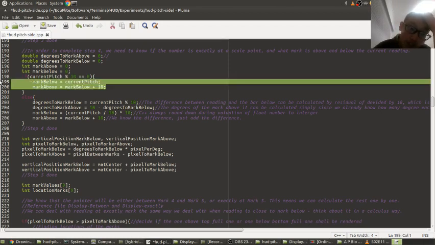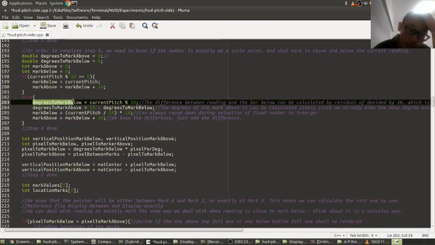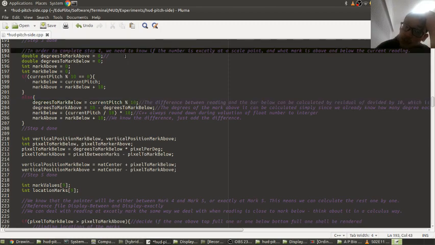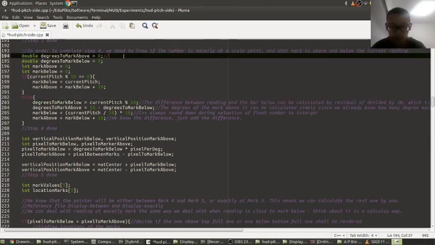So we can do this, and if it isn't, we can see that degrees to mark below is the current pitch, and then find the remainder when divided by 10. Now this thing is find remainder, right? And that kind of means that we are going to attitude below and attitude above.